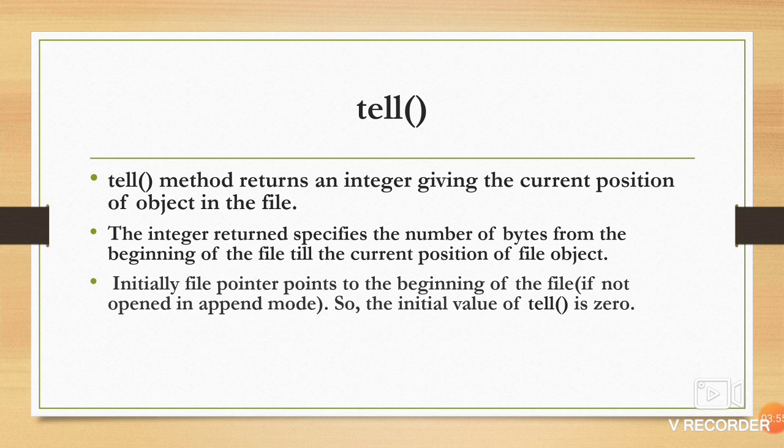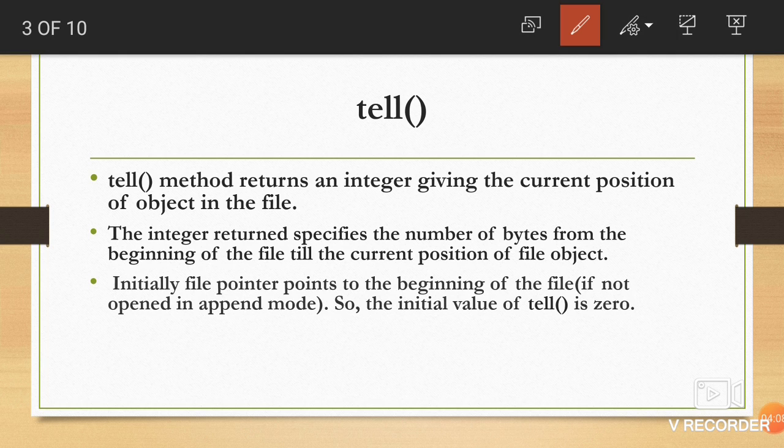One line is written here in the bracket: if not opened in append mode. What happens when you open your file in append mode? You are able to add new data to the existing file, meaning you can add new contents to the file.